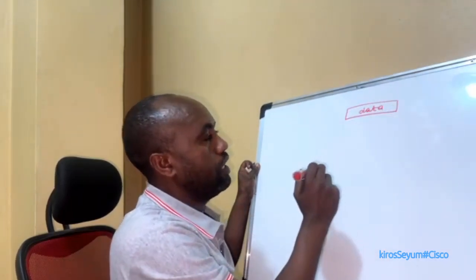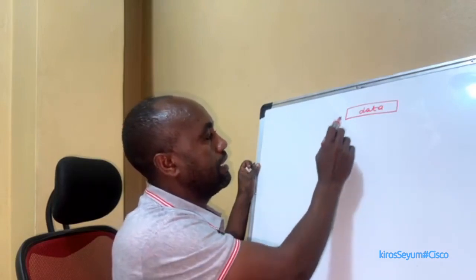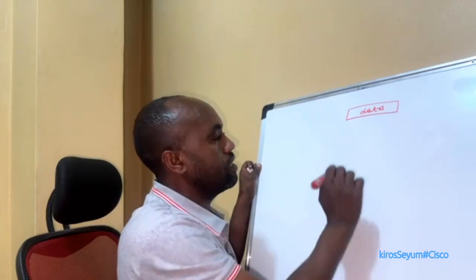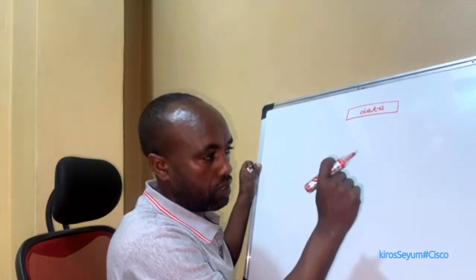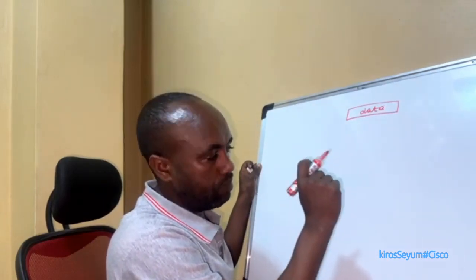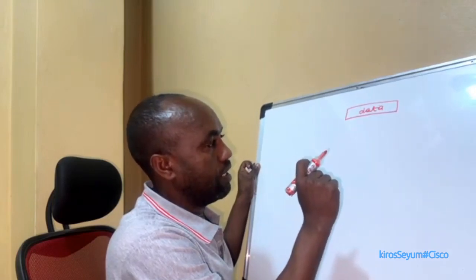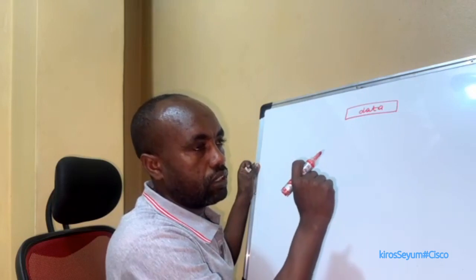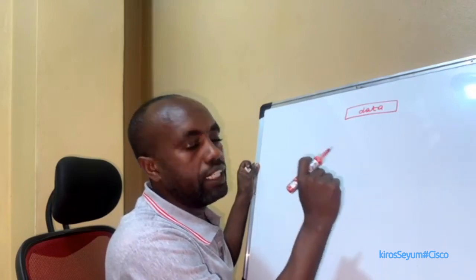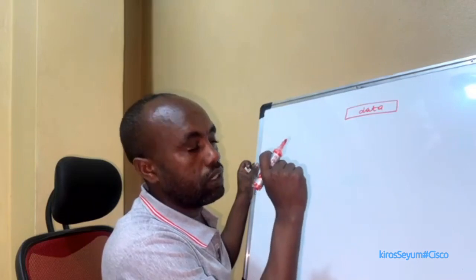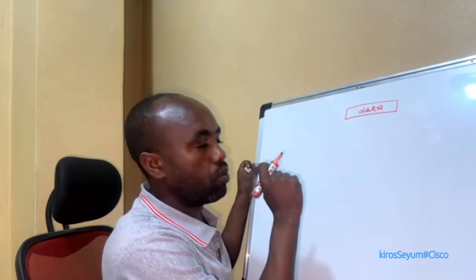We need to transport data from the source to the destination. This data is zeros and ones. When we say data, the information at its beginning is analog, so it has to be converted into digital for digital communication, or what we call network communication.